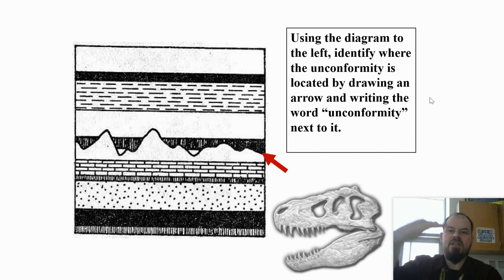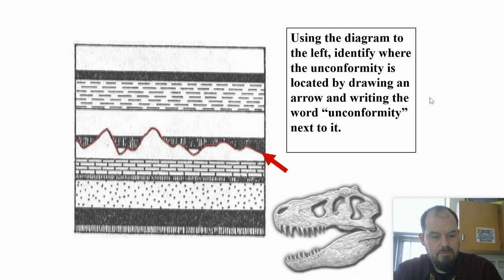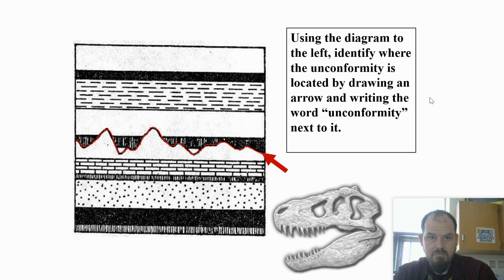So where there's that hill, that is some unconformity. Notice it's not layered. And that is going to generally have a letter code on either side, like an A and an A prime or a B to a B prime. You'll see a lot of that.